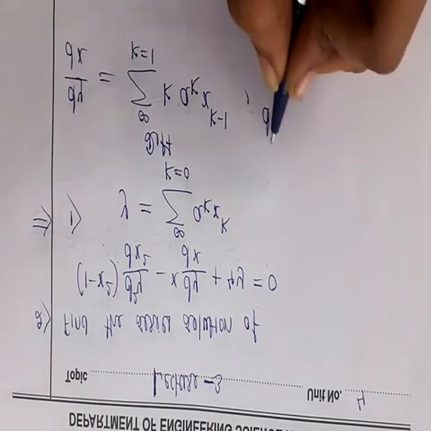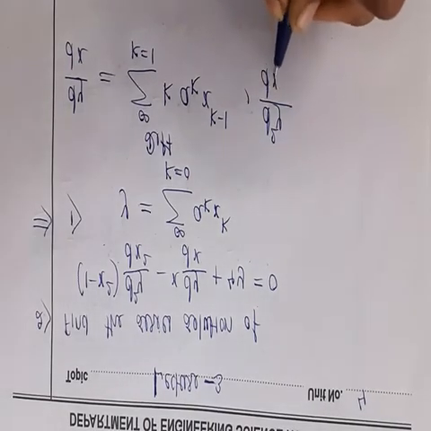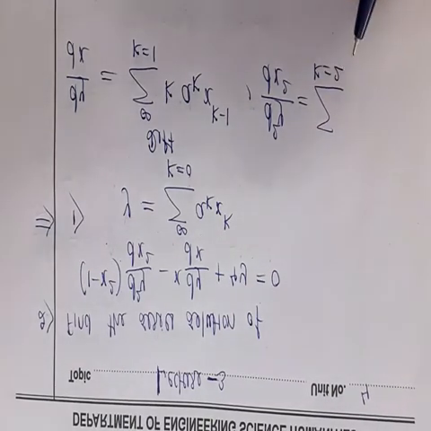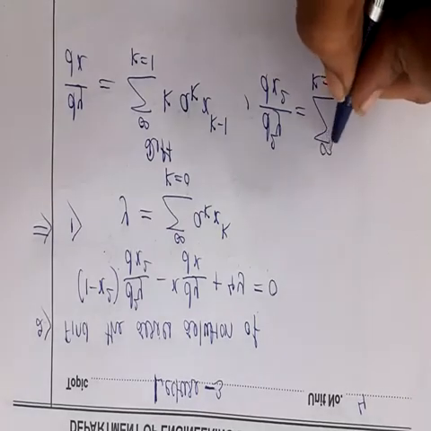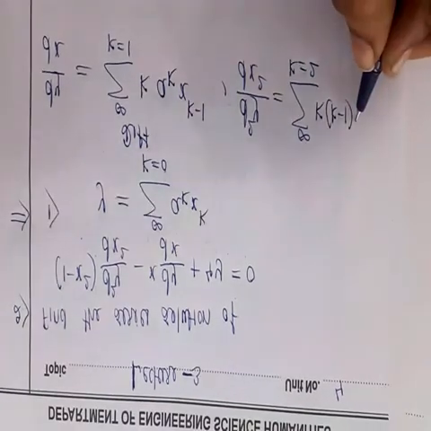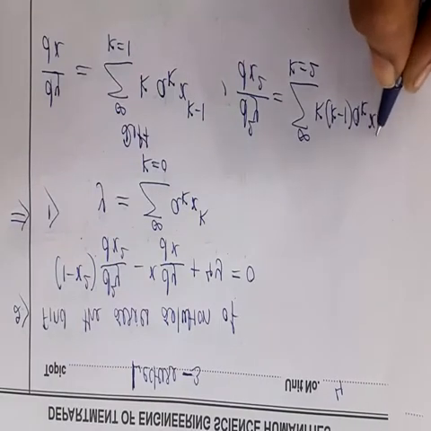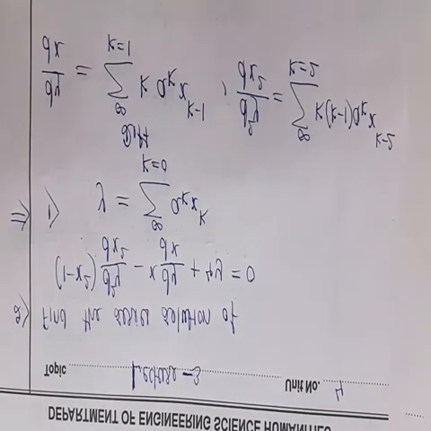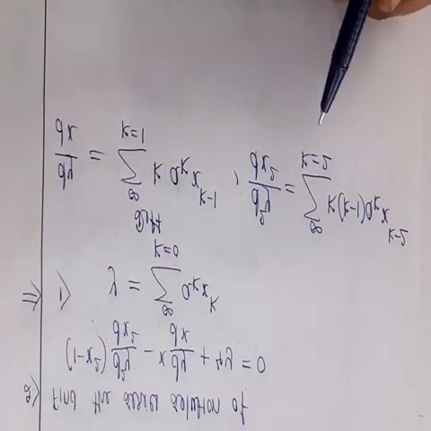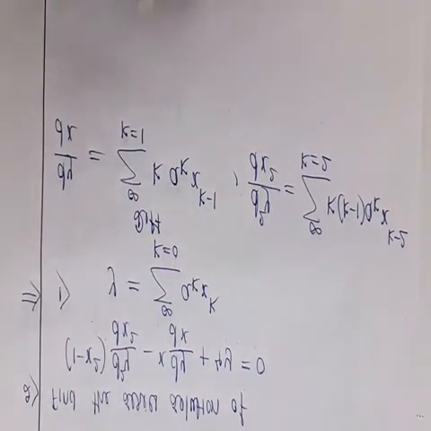And d2y by dx square is equal to summation k is equal to 2 to infinity, k multiplied by k minus 1 ak x to the power k minus 2.